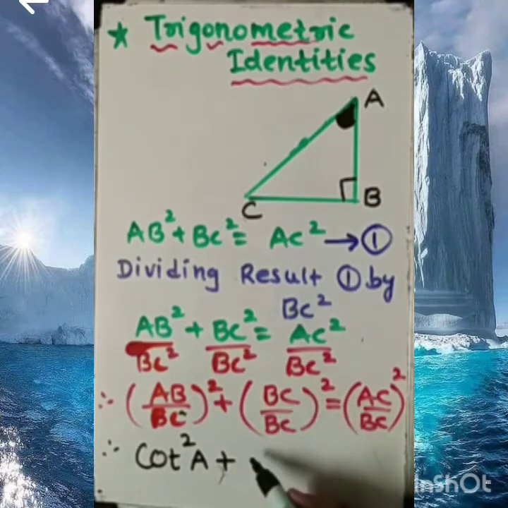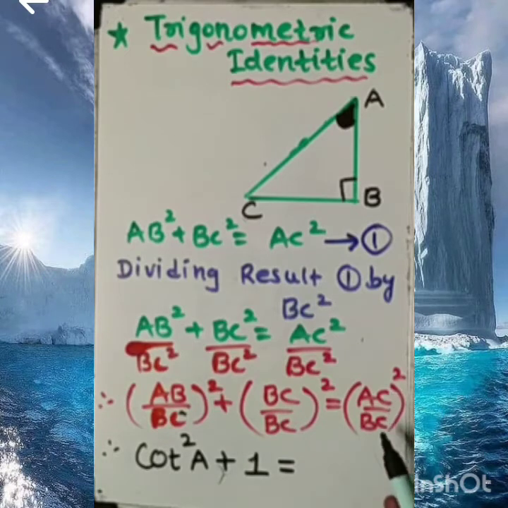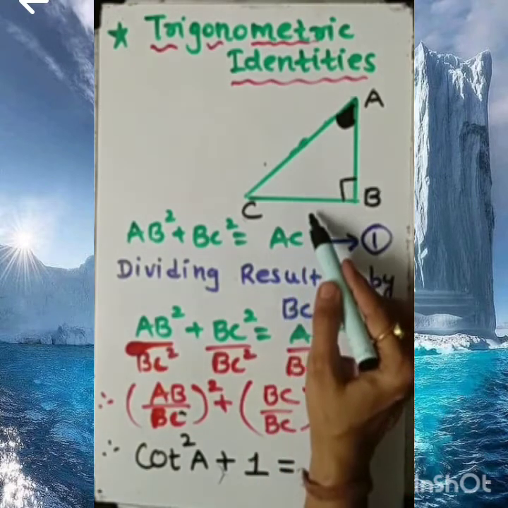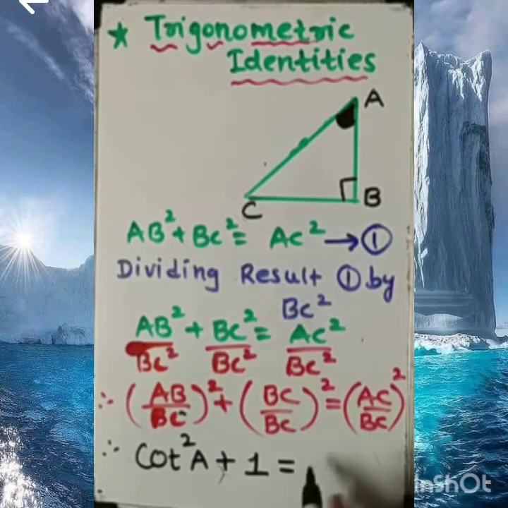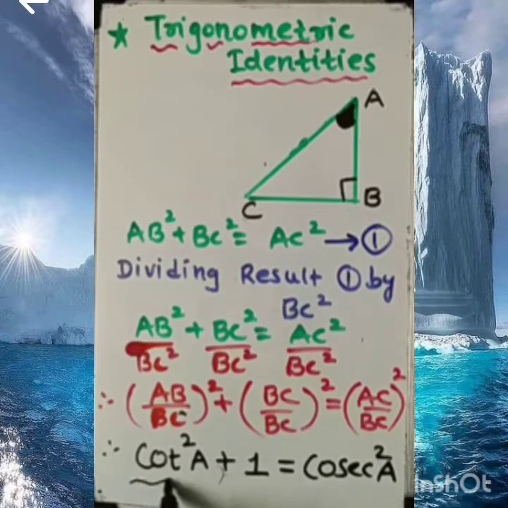BC upon BC cancels, so 1 square is of course 1, and AC by BC is hypotenuse upon P, H by P. Dear student, H by P is cosec A. You know very well it is the inverse of sine, and because of the square it is cosec square A. So dear student, cot square A plus 1 equal to cosec square A is the third identity which we have derived here. Got it, dear?